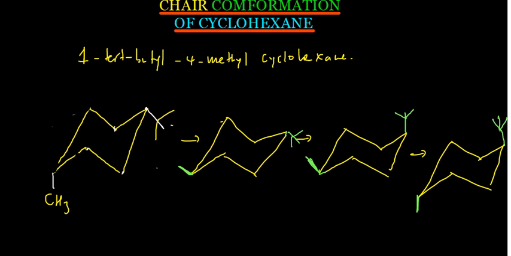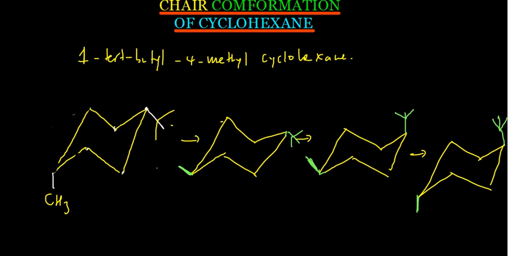Now from this, which one is going to be the most stable structure? If you look at this structure, the methyl is on the axial, this one is on the equatorial. What will be the stability? And then this one, you can see the tert-butyl is on the equatorial, and then the methyl is also on the equatorial.